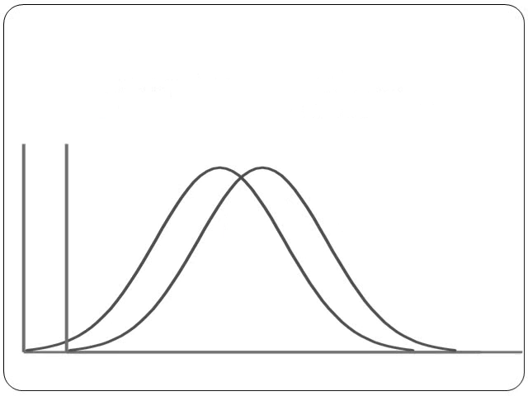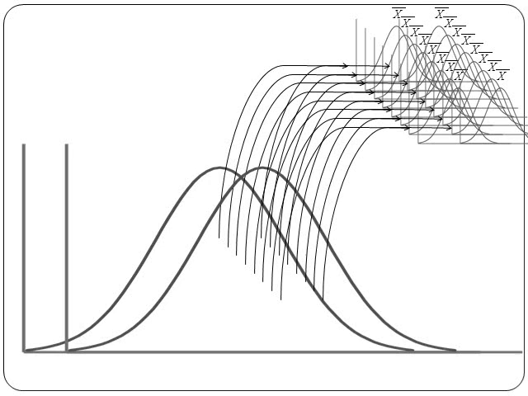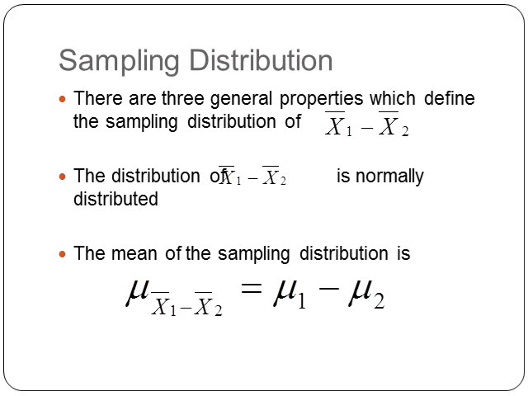In the beginning of this video, way back, probably about an hour ago, we sampled from a population many times and created the sampling distribution of the mean. Well, here we have two distributions. We can think about sampling from both, creating the sampling distribution of the mean through the difference of these two population values over and over again in the same sort of process. The sampling distribution of the mean now is around the difference between these two scores.